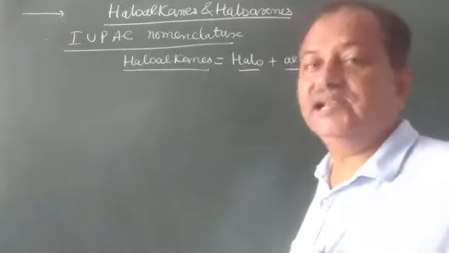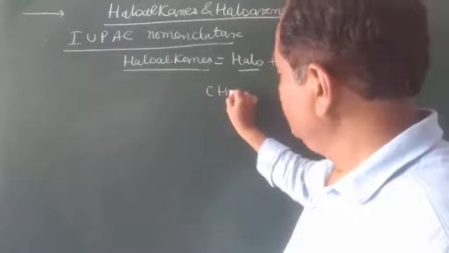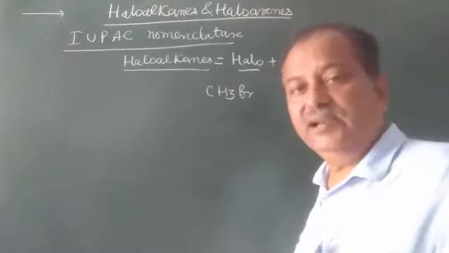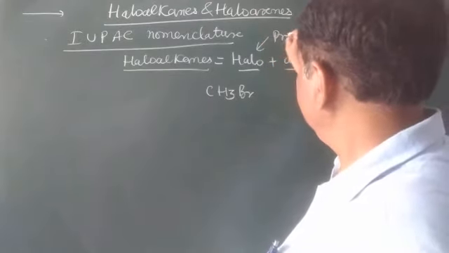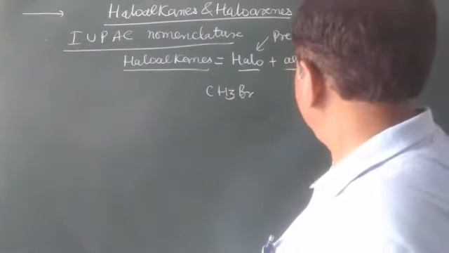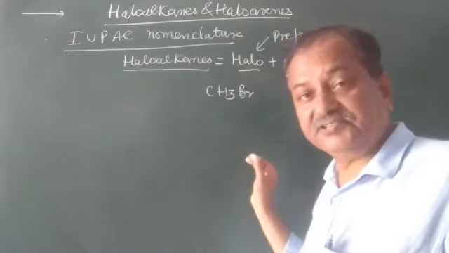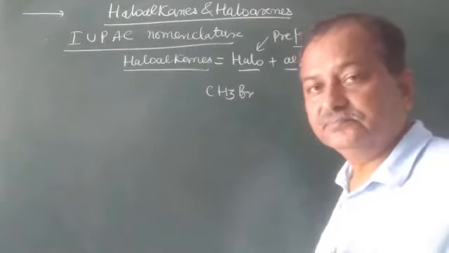The corresponding alkane has to be taken into consideration. Simplest, say CH3Br. Here halo is prefixed and alkane is suffixed, because halo is weaker.